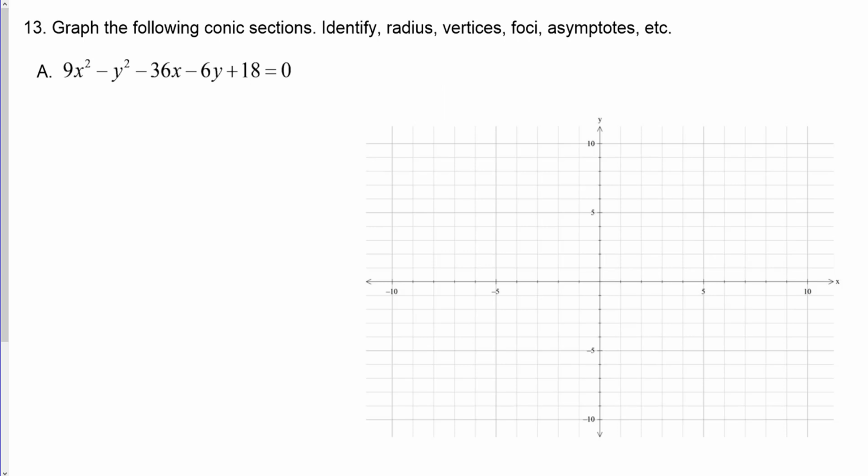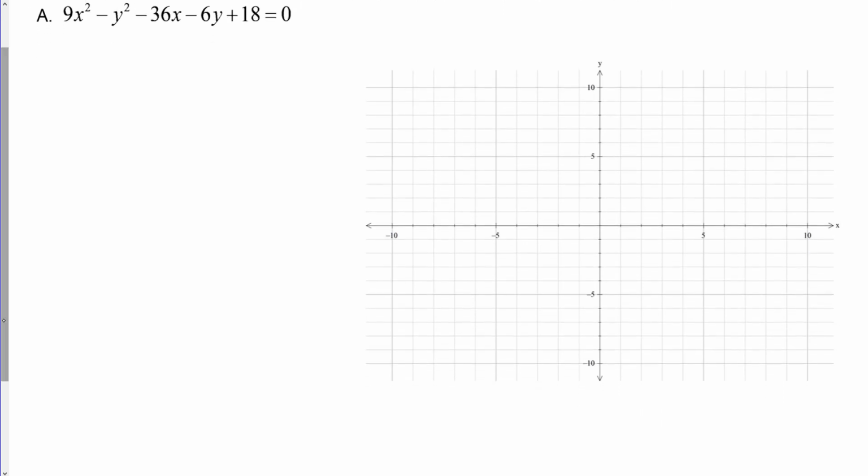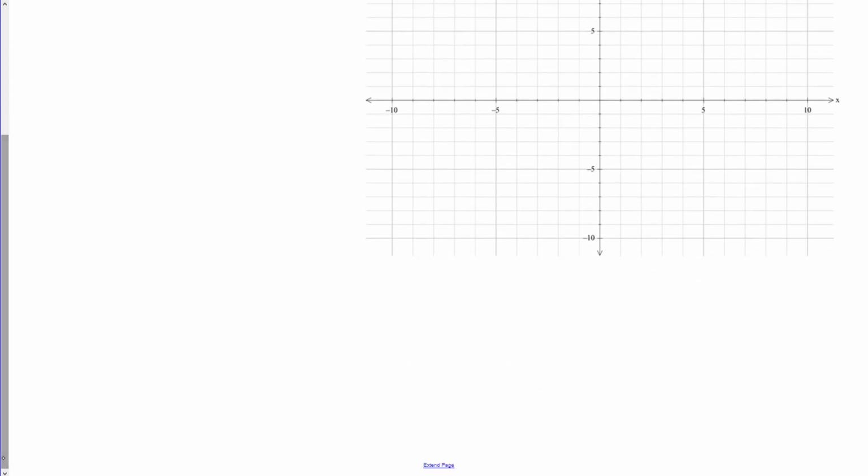Number 13. Graph the following conic sections. Identify radius, vertices, foci, asymptotes, etc. Okay, so before we can really get started here, we have to identify what type of conic we're working with. So I'm just going to copy the equation down lower on.